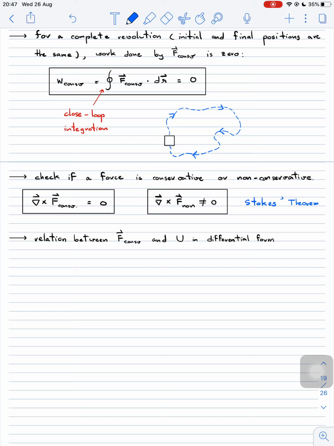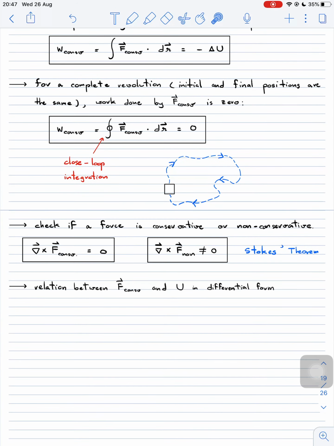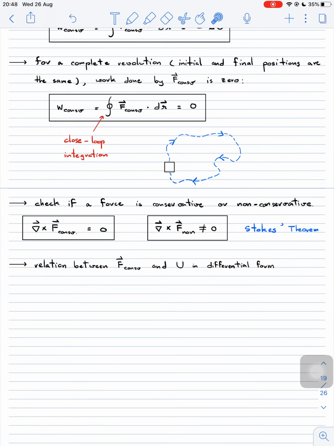The idea of Stokes' theorem is that it changes a surface integral to a line integral. But whatever, let's ignore this one first.